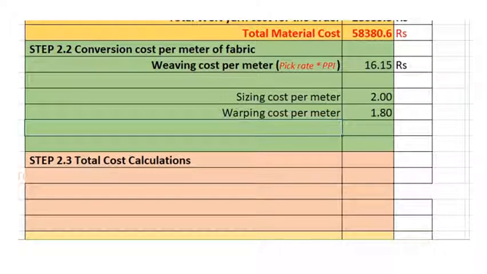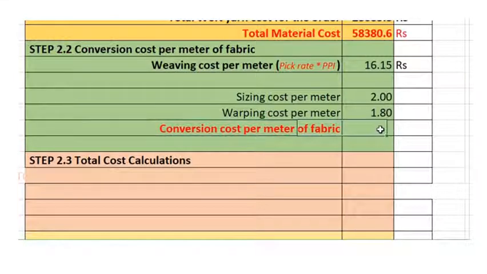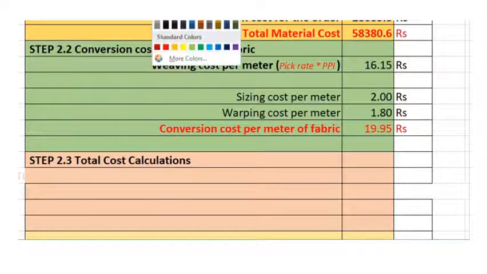So the total conversion cost per meter of fabric is the sum of these values. So it is 19.95, that is 16.15 plus 2 plus 1.8, all in rupees.